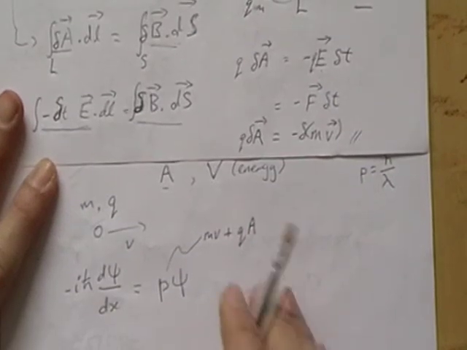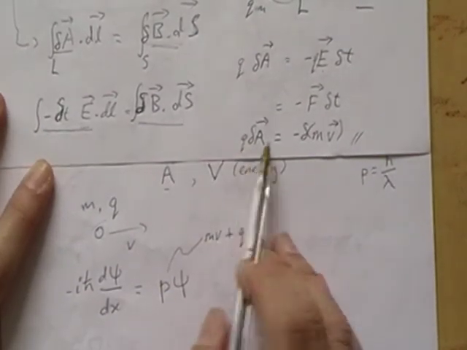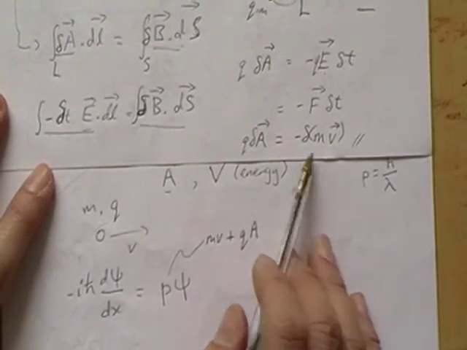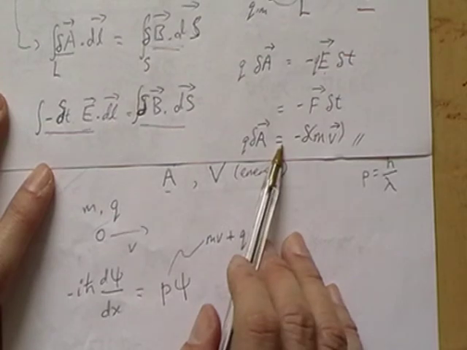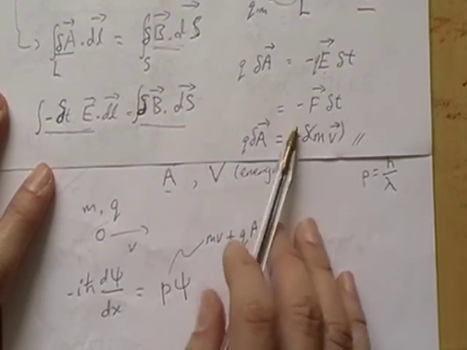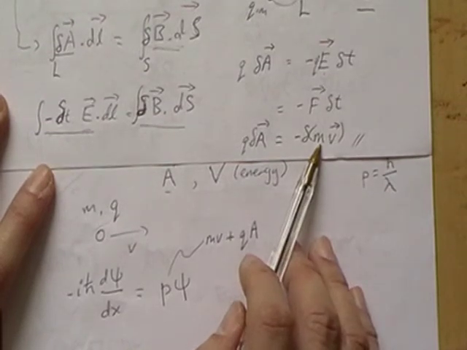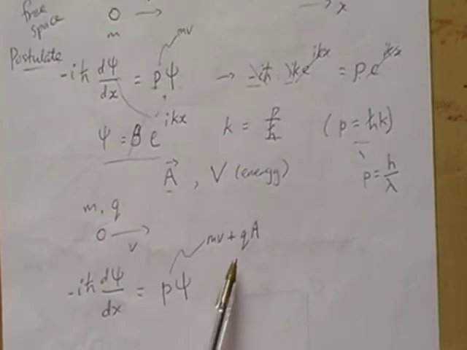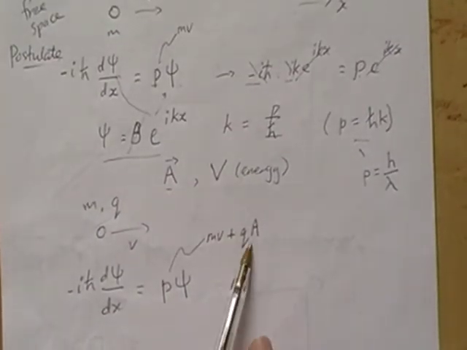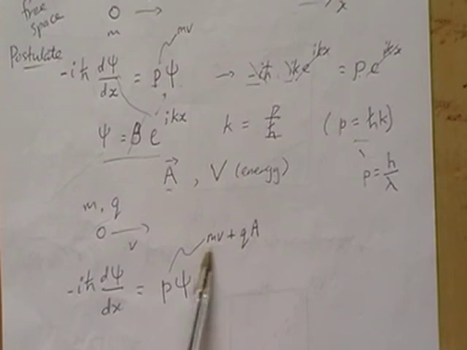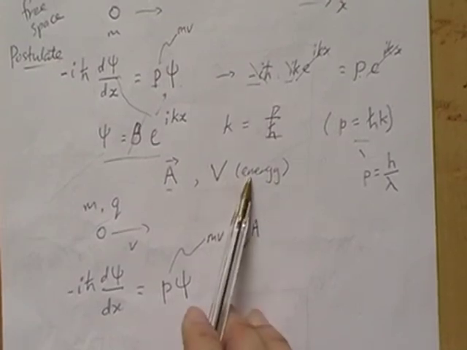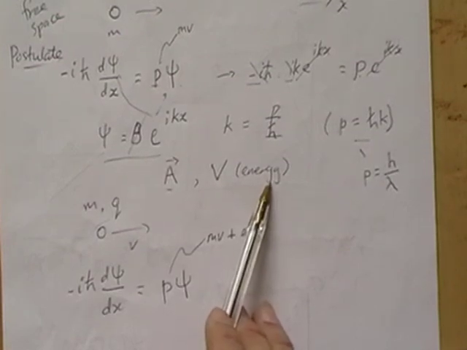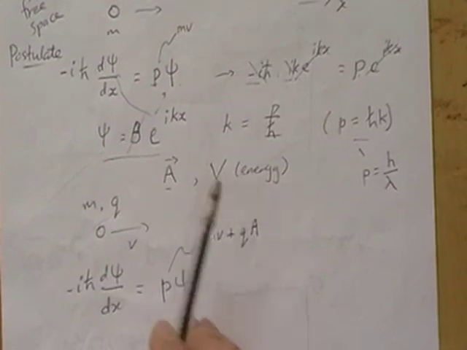That's the part where I showed that q times the change in A gives a corresponding change in momentum of the particle. So because of this connection, we need to add the field momentum to the particle's momentum in the same way as we would add the electric potential energy to the kinetic energy term in the Schrodinger's equation.